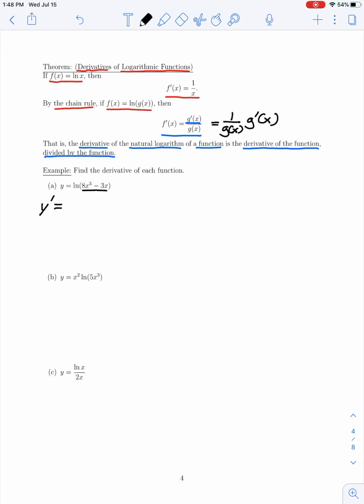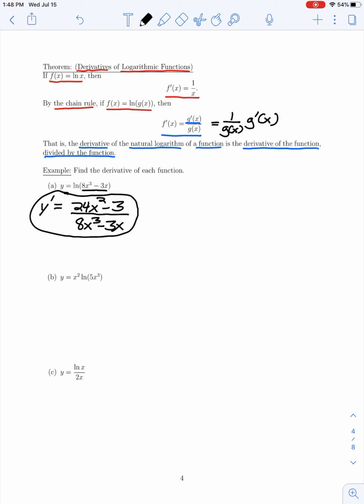In this case, the derivative of 8x cubed would be 24x squared, minus the derivative of 3x, which is 3, and then we divide by the inner function, which was 8x cubed minus 3x. So we have the following for that derivative.